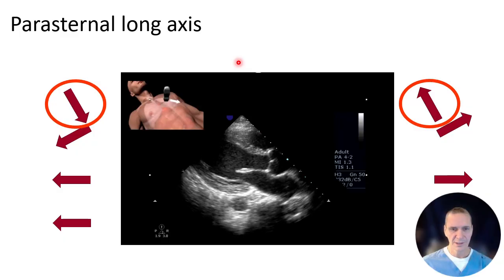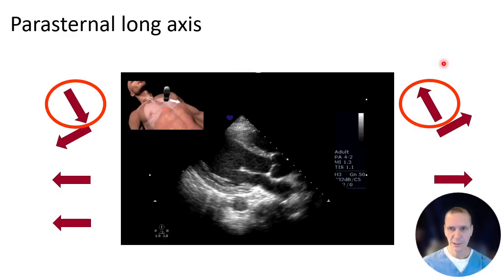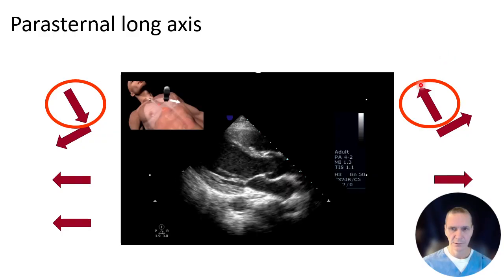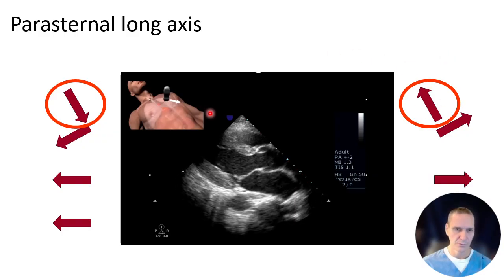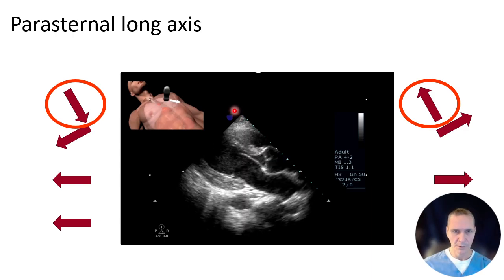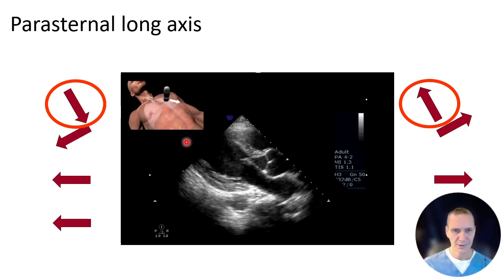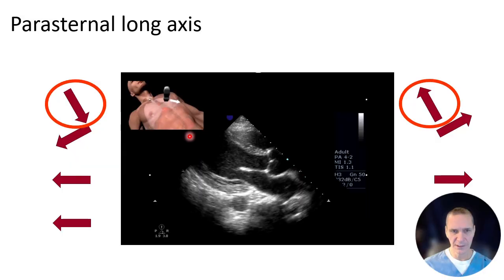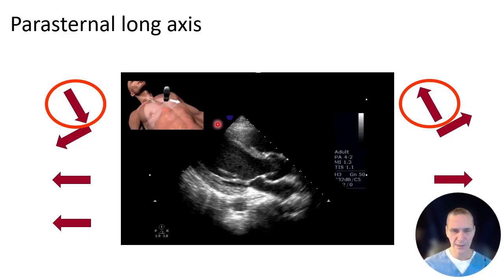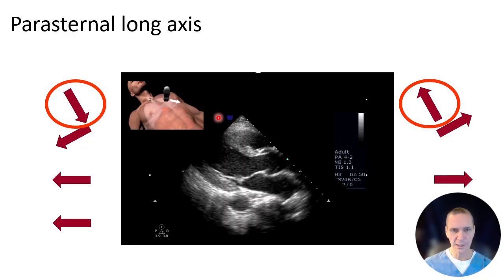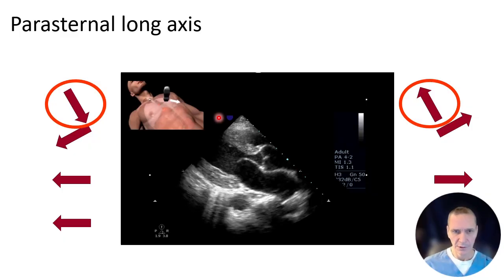The parasternal long axis view. Abdominal mode is on the left, cardiac mode would be on the right. Here, we know we are in abdominal mode. Our goal is to get the apex of the left ventricle on the left side of the screen. So in abdominal mode, we put the indicator over where about the apex is, and this is how the image is going to look.